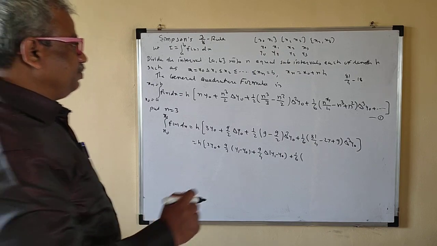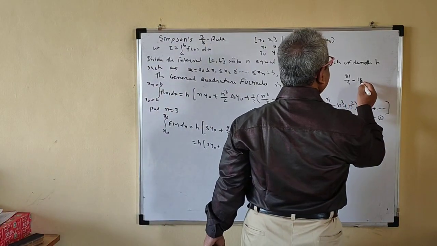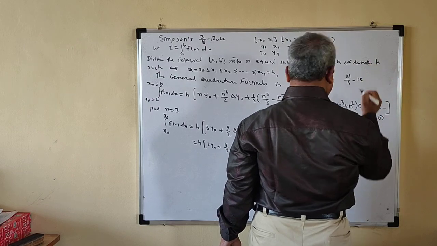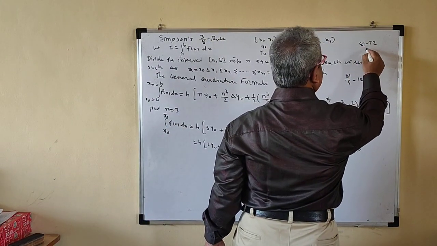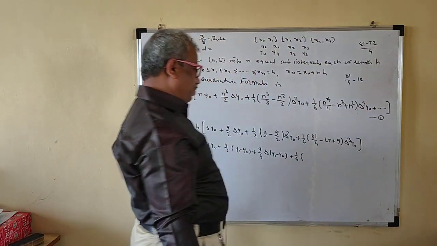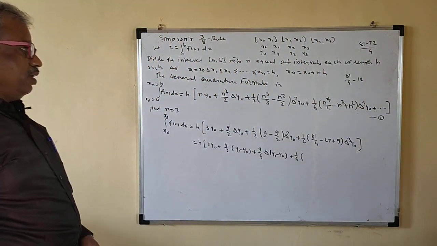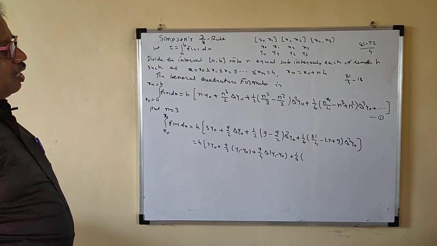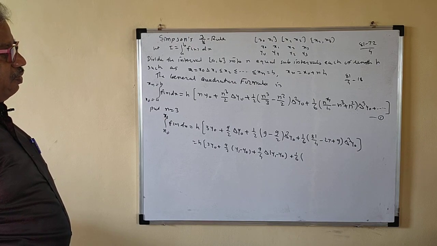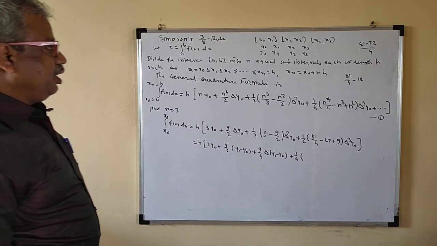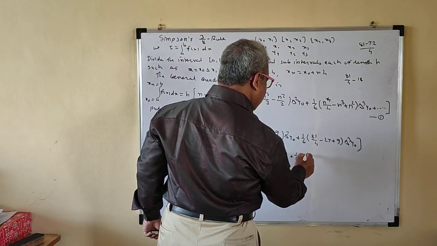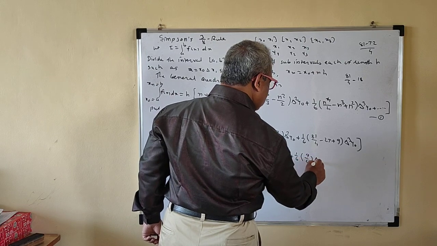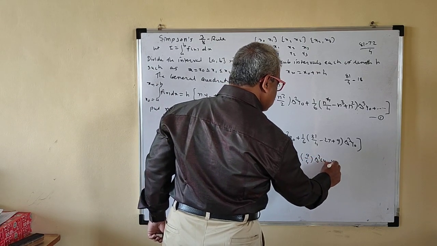So 36, so 72. This is 81 minus 72 upon 4. So 81 minus 72 is again 9, so this is 9 by 4, delta square y1 minus y0.